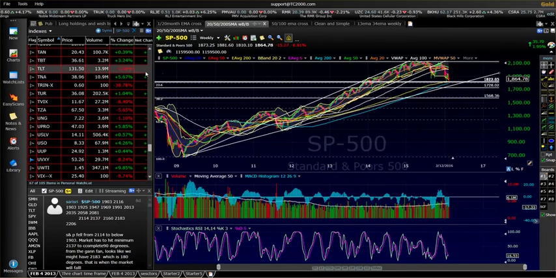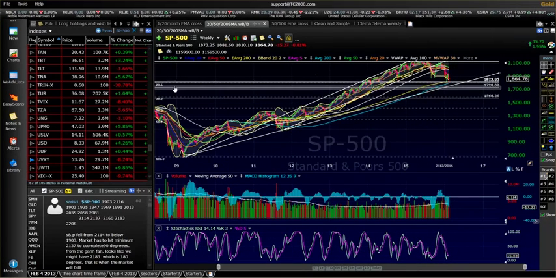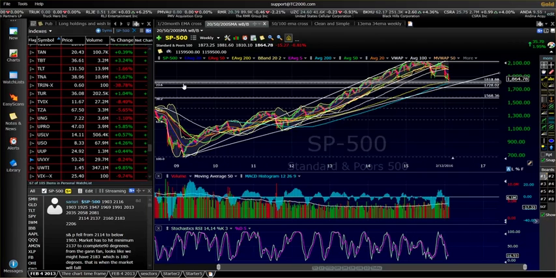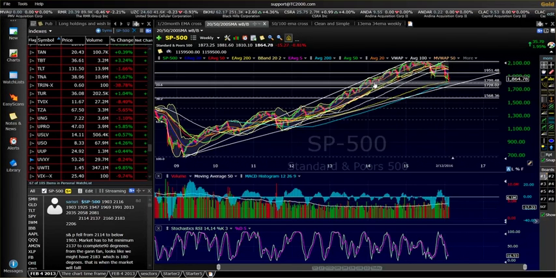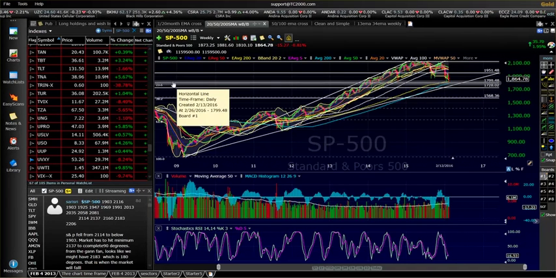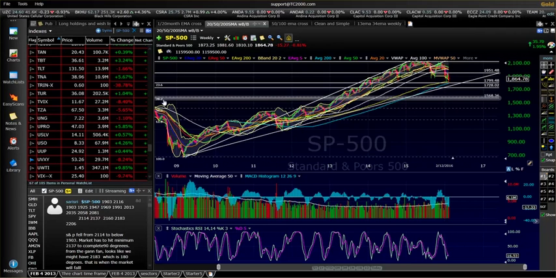So as you can see, we are really, really close with the lines that we've drawn on price for potential support. So if we really line them up with this Fibonacci, basically, it's at 1800. It's a 23.6 retracement.